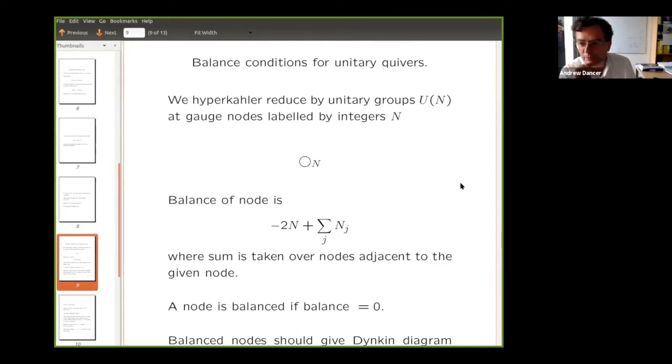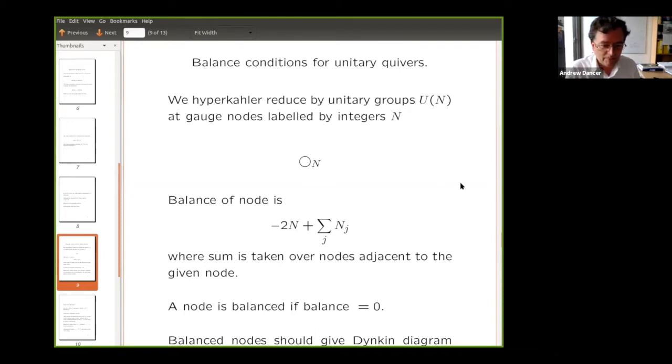From a physical point of view, for a nice theory that you can calculate with, we don't want the balance to be too negative. We'd like the balance to be at least -1 in all cases, preferably non-negative.